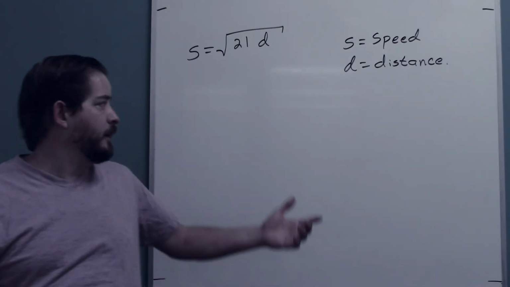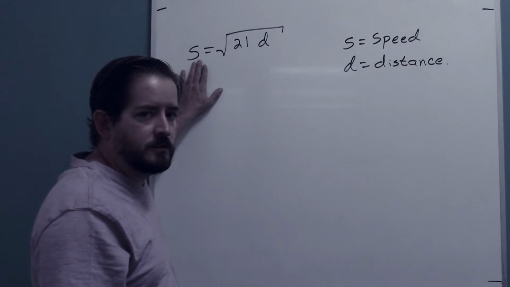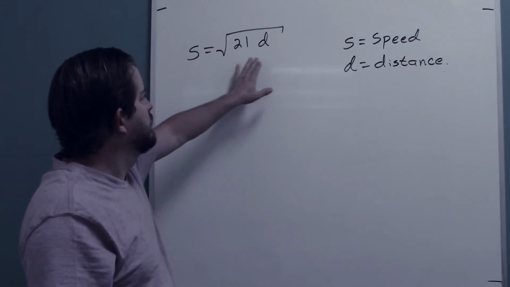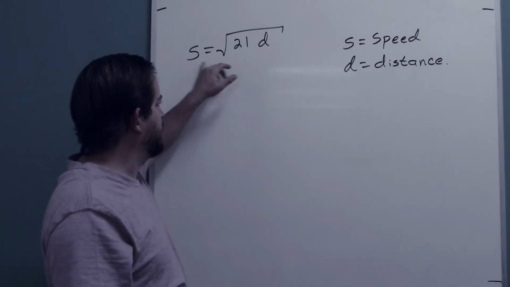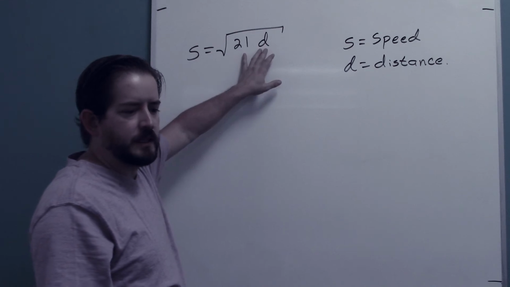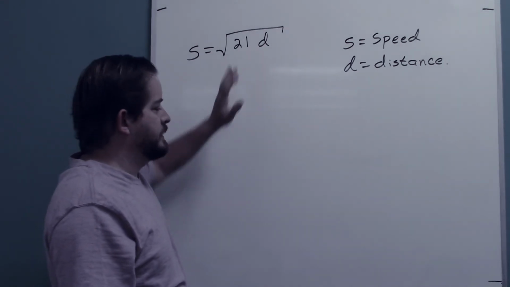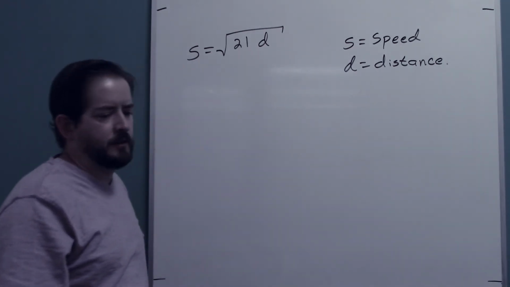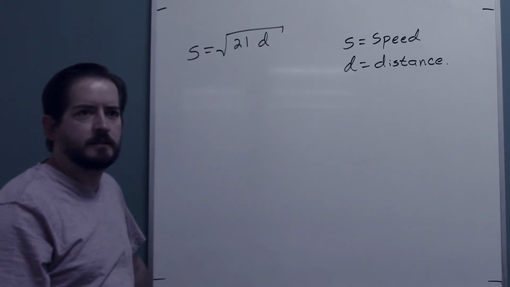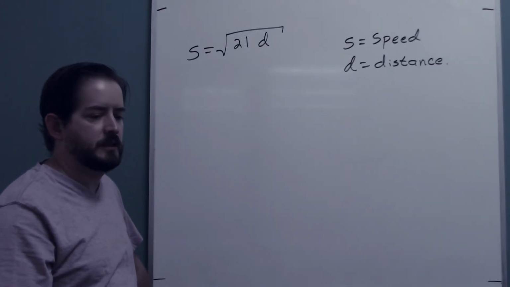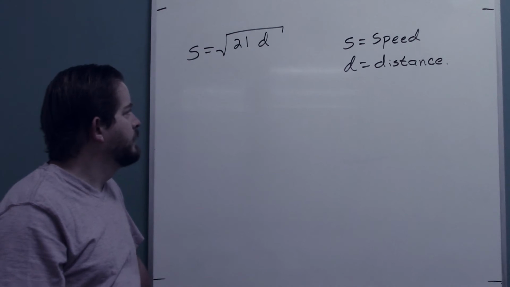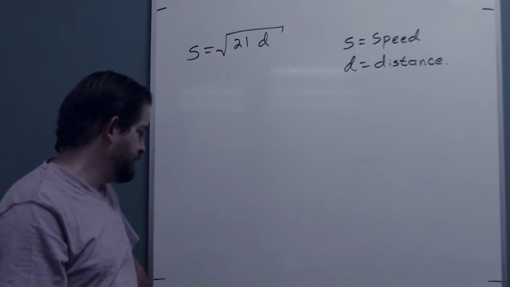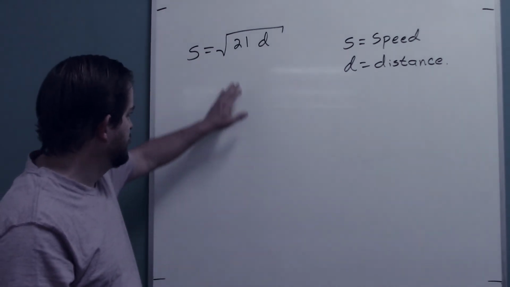So, depending on how fast a car is going, right? I mean, there's a relationship between how fast a car is going and how far it's going to skid when it stops, right? And this is kind of an estimate. It depends on things like the tires, the vehicle itself, the conditions of the road, things like that. But for this particular example, we have this. There's a root involved.